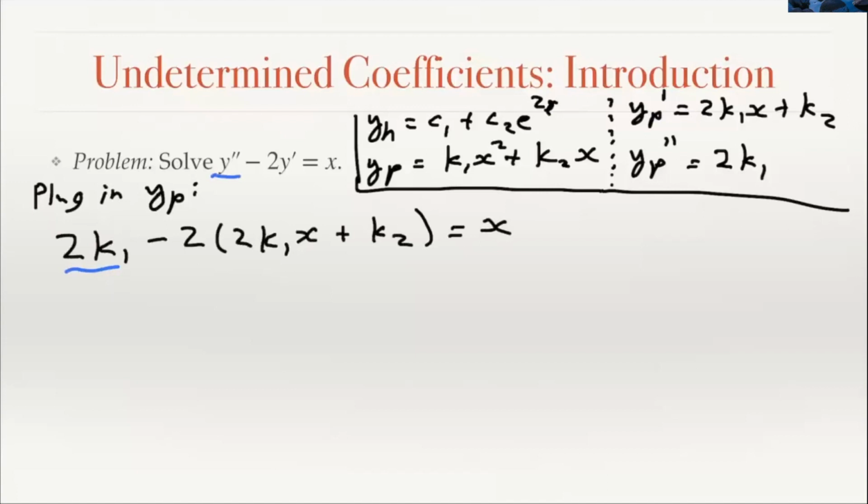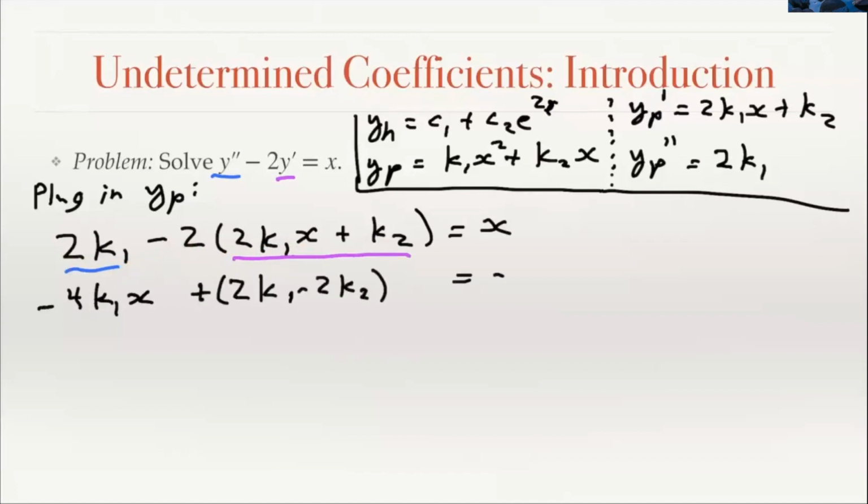That's our y double prime minus 2y prime. Now we gather like terms. So let's gather together all the x's, of which there's only one, negative 4k1x. And then the constant terms, that's 2k1 minus 2k2. And that is equal to x.